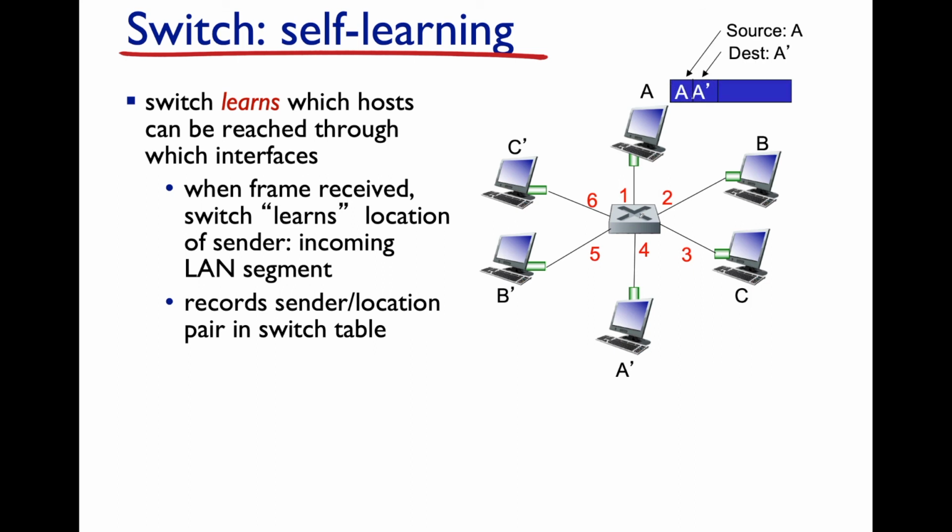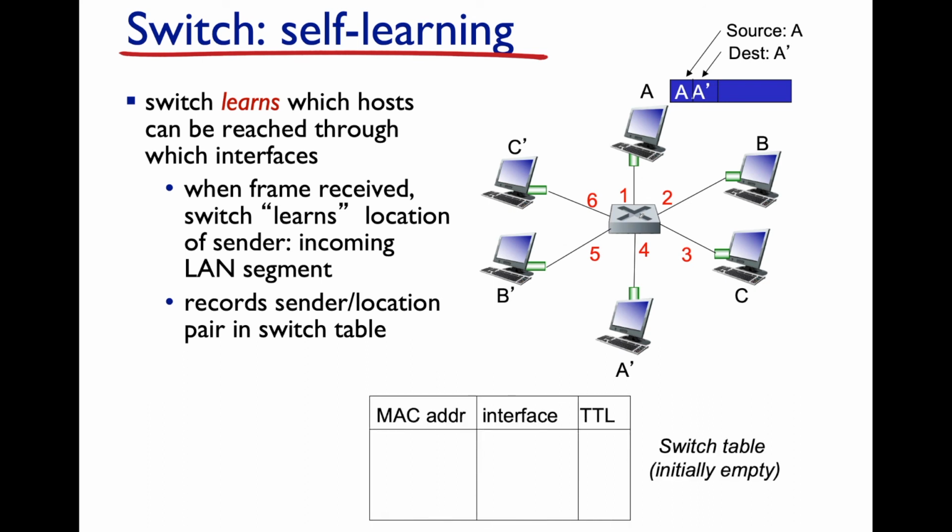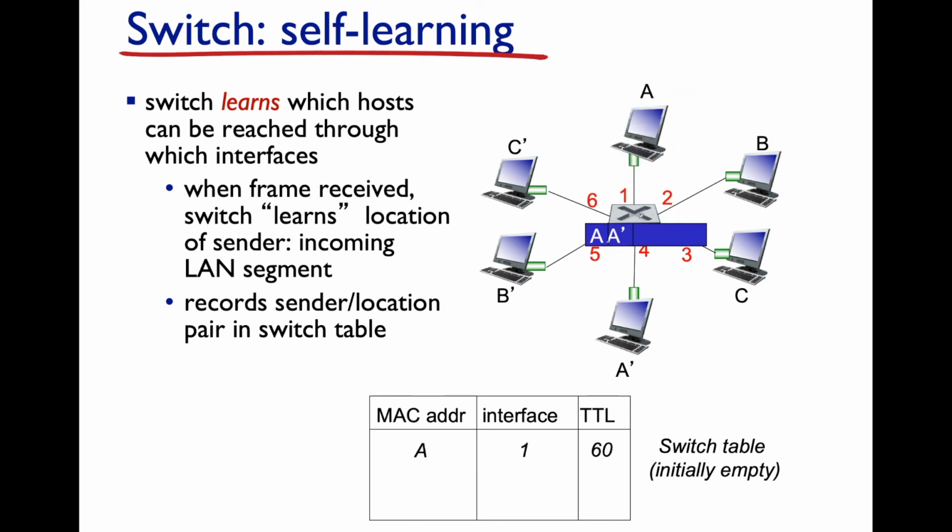So let's take a look at an example. Let's say host A at MAC address A wants to send a frame to a host at MAC address A prime. So the source address is the MAC address for A, and the destination MAC address is the MAC address for A prime. A sends its frame to the switch, and it arrives on port 1, or interface 1, on the switch.